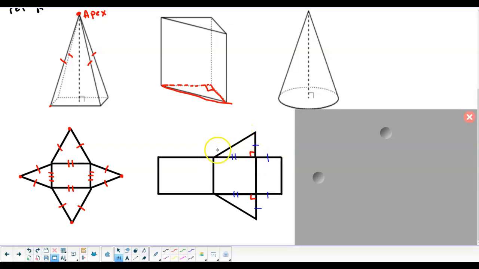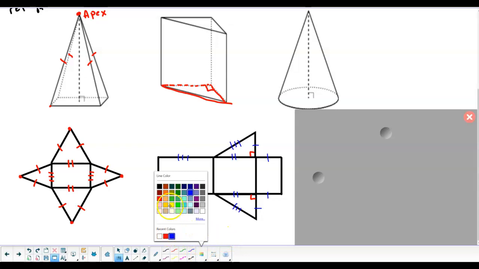Likewise, the hypotenuse of the triangular base has to be the same length as the longest part of this rectangle. And same thing down here. Because this length, if folded up, would match on that, and those lengths would have to be congruent.